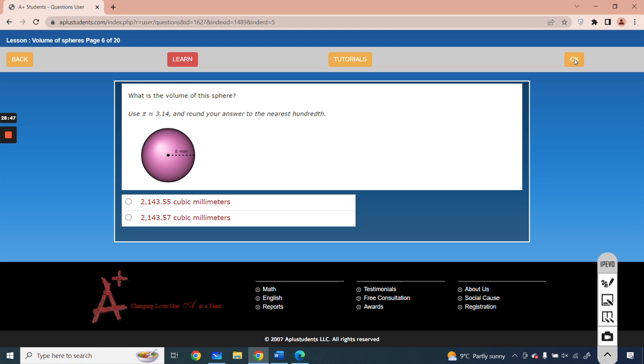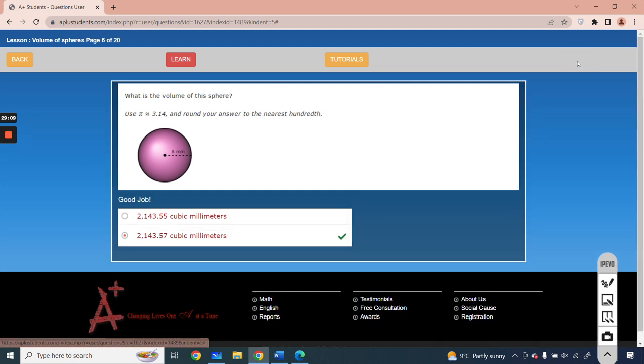So r is 8. 8 times 8 times 8, that would be 512 times 3.14 times 4. It is 6430.72 divided by 3. That is 2143.57. Got it? So option number 2 is the correct option. Just select the correct option, then click on the OK button.